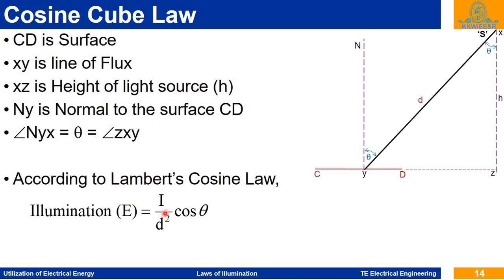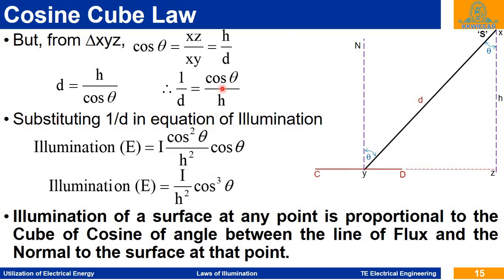So this term 1 upon D square is replaced by this equation, and the illumination E on this surface CD is equal to I, intensity of light source, upon mounting height square of the light source multiplied by cos cube theta, and cos square theta multiplied by cos theta is equal to cos cube theta.